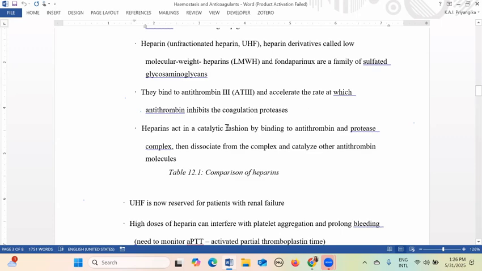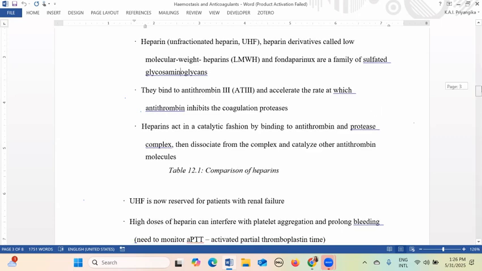Heparin acts in a catalytic fashion by binding to the antithrombin and protease complex, then dissociates from the complex and catalyzes other antithrombin molecules. I will explain it later. We just read through this section and we will explain.